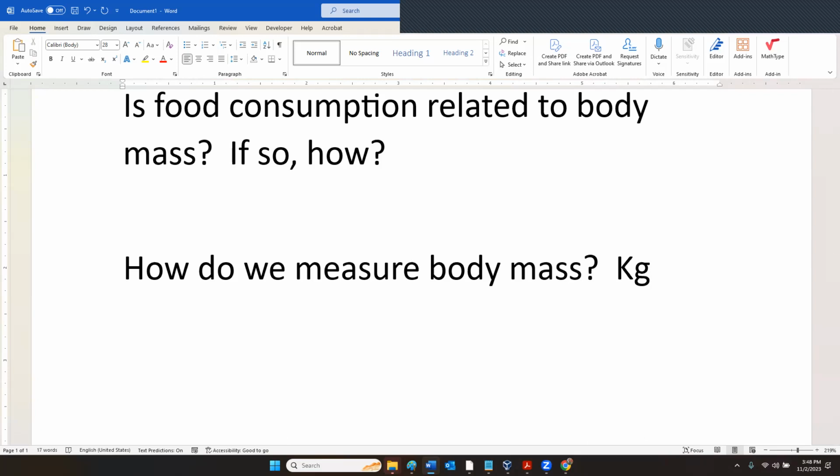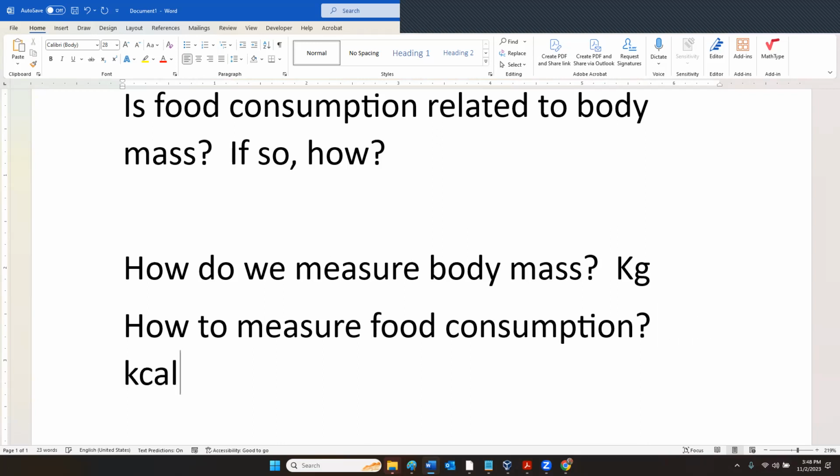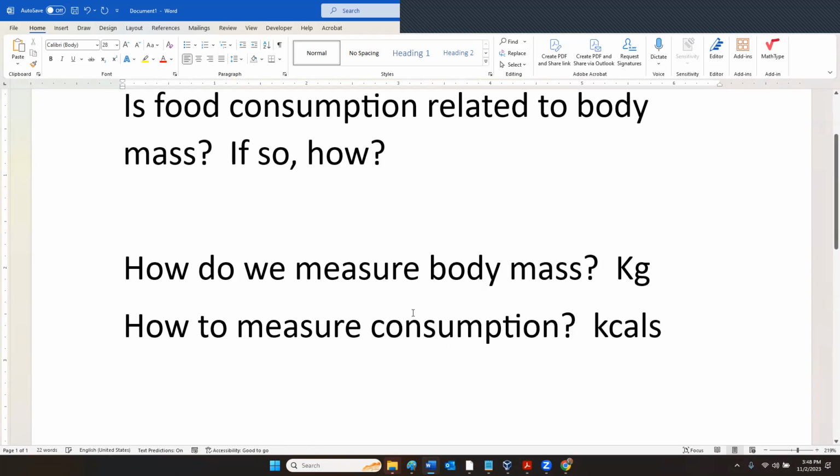Okay. How do we measure food consumption? Kilocalories. Yes. kcals, right?